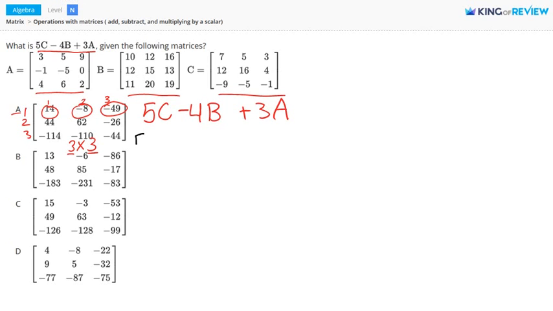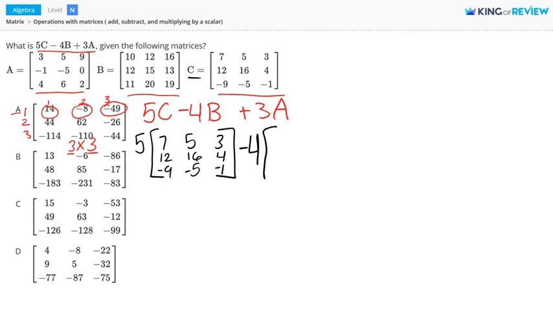So we have 5 times matrix C. This is matrix C, so we have 7, 5, 3, 12, 16, 4, -9, -5, and -1.